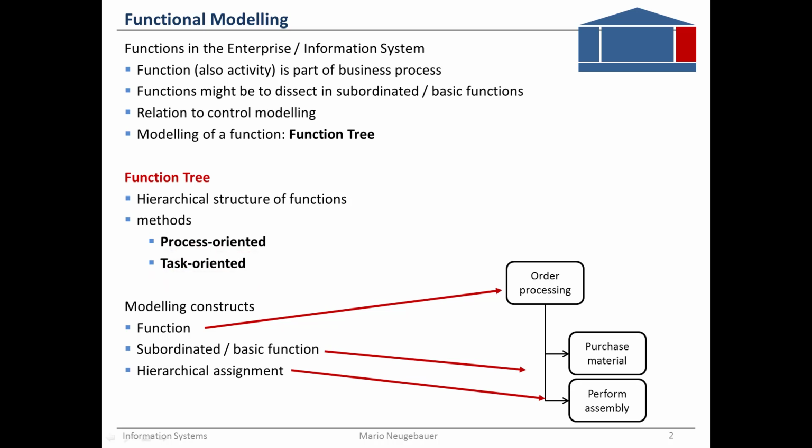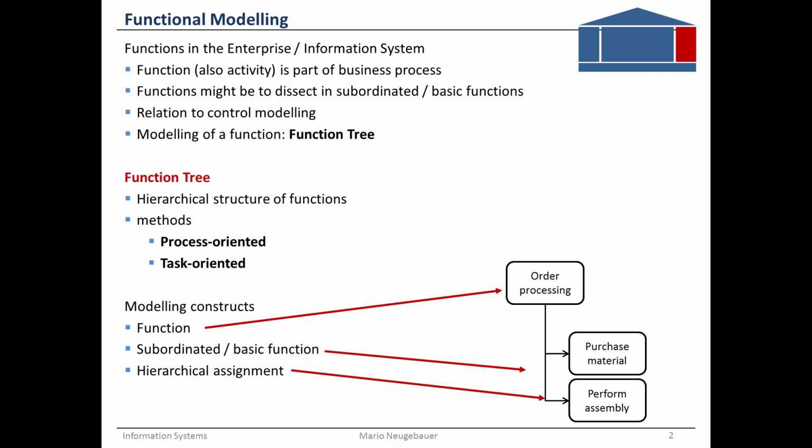So process-oriented might be that you have an overall function which might deal with order processing, like shown here, and then you fulfill the different steps which are important for processing your order, from the checking of the order to the purchase of the material, to the assembly, and then finally to the outbound logistics, which is the last step of our process. So you might have the process-oriented method to structure your functions.